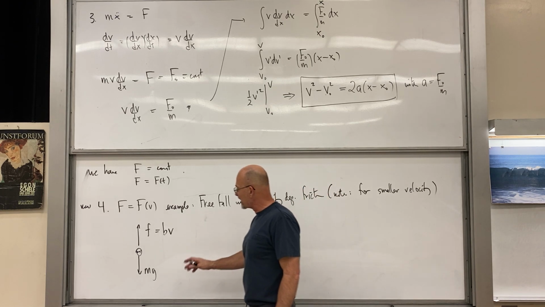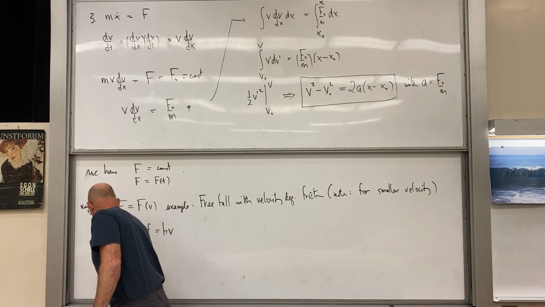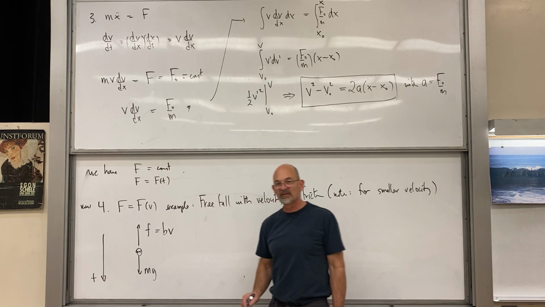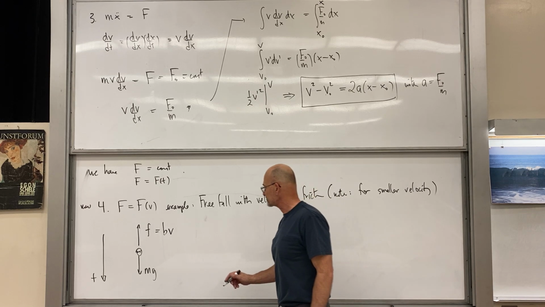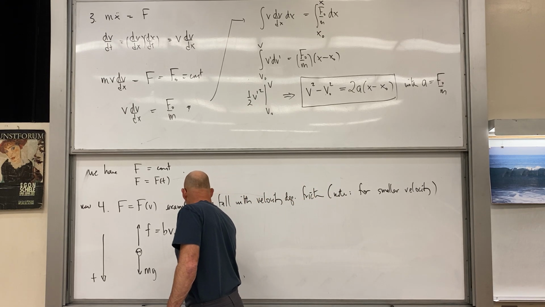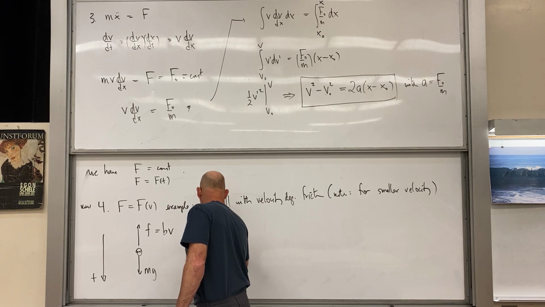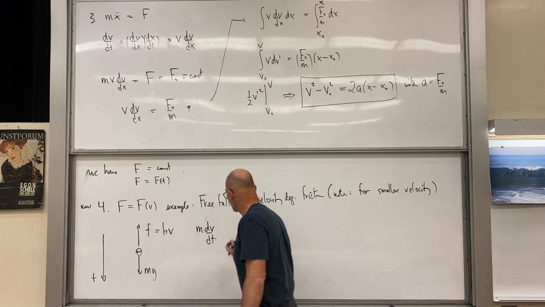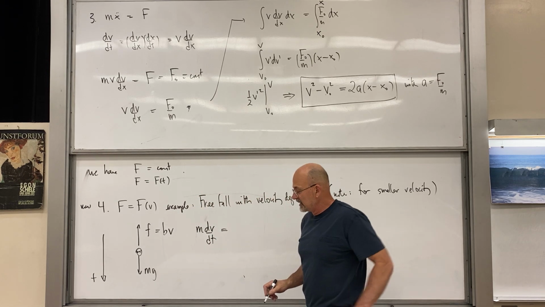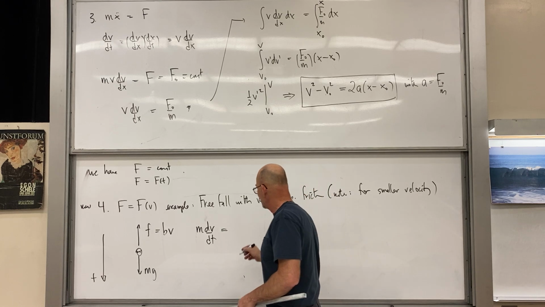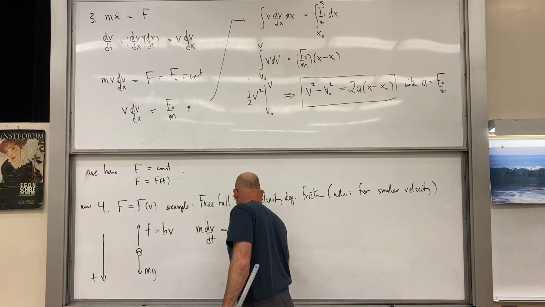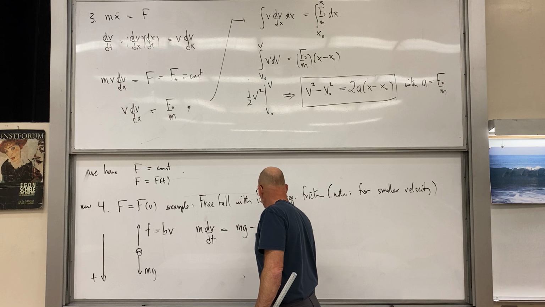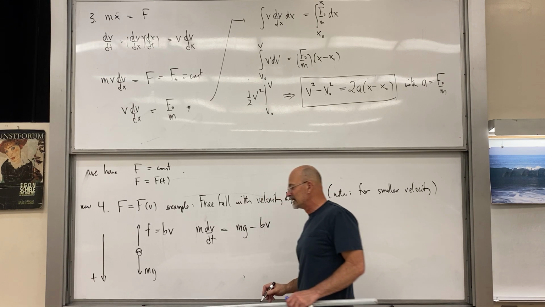And free body diagram, now I'm going to even put the positive direction down here. I'll put the positive direction down. And now we have m dv/dt, that's the acceleration side. And the net force side is equal to mg minus b times v.